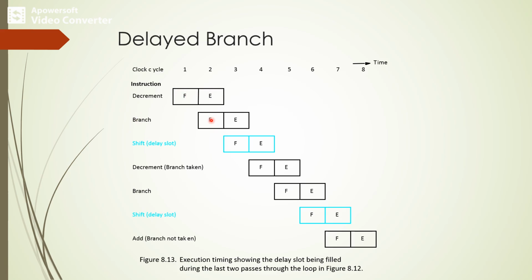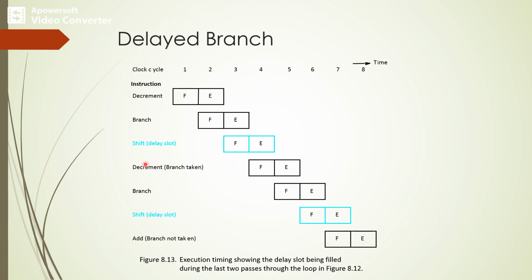But here the delayed branch instruction comes into the picture because of the branch instruction which is taking place during the second cycle.